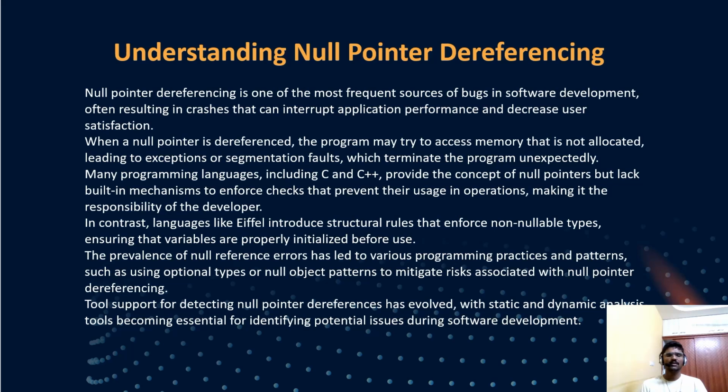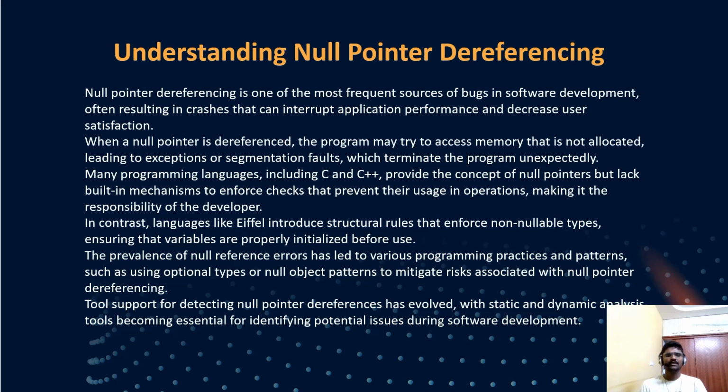Many programming languages like C and C++ provide the concept of null pointers but lack built-in mechanisms to enforce checks that prevent their usage in operations, making it the responsibility of the developer.